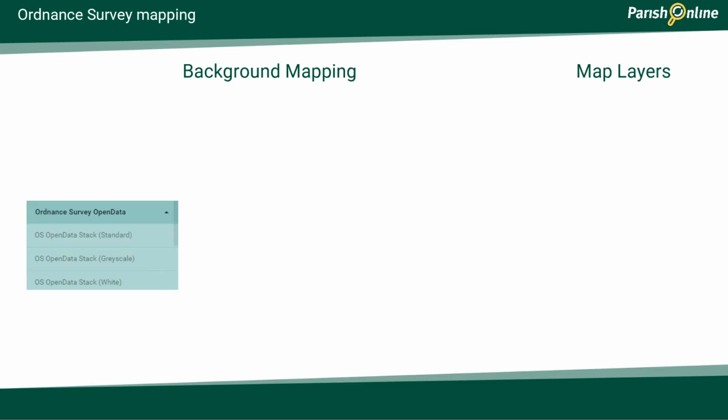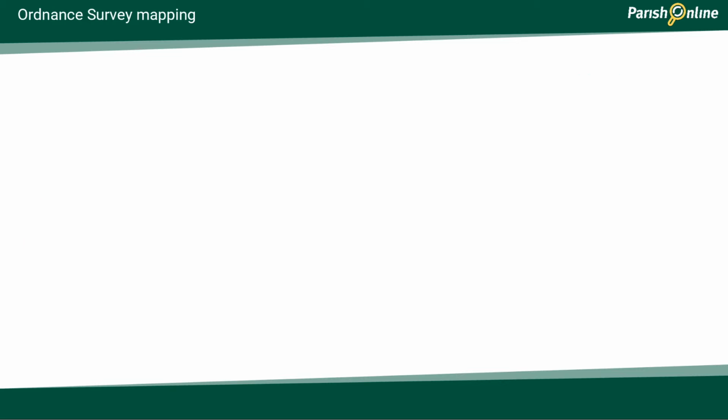You can get that free from Ordnance Survey by going to their website, and we've got links all over the Parish Online website to help you get access to that quickly. Sign up to it. It usually takes a day or so to come through, and then you can assign a license to your Parish Online account, and then you will magically get access to all those extra data sets.